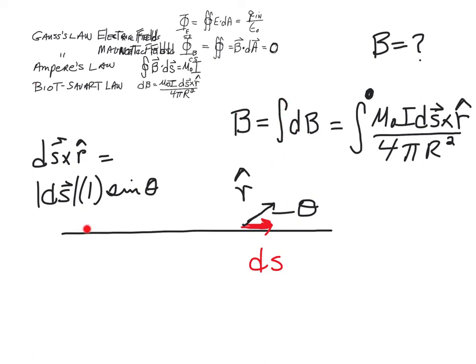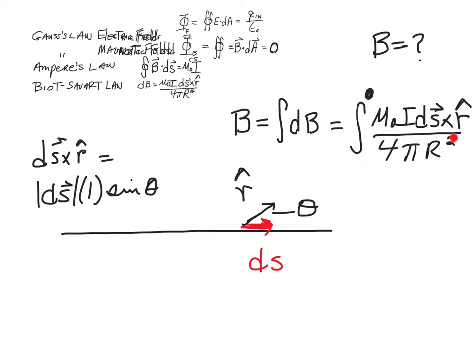So B, for this entire length of wire, at this point, will be the sum or the integral of all the dBs. And that's a calculus problem evaluated from whatever the limits are, from one end of the wire to the other. That would be the limits of integration.